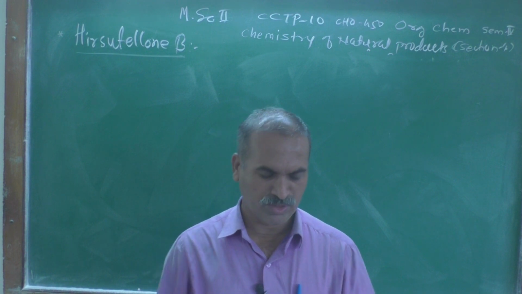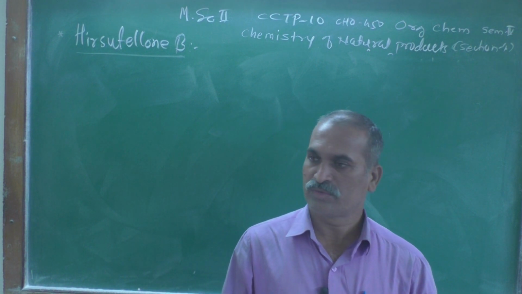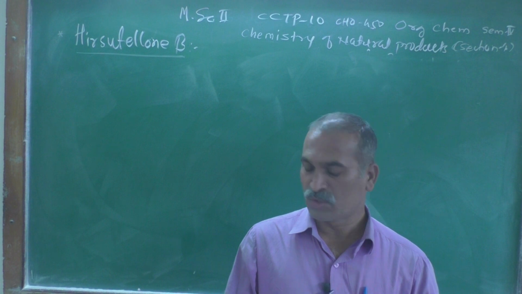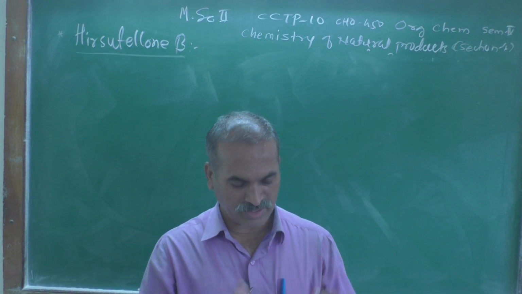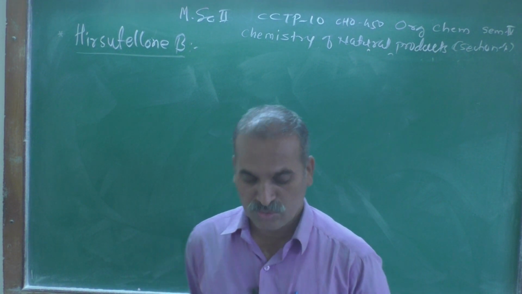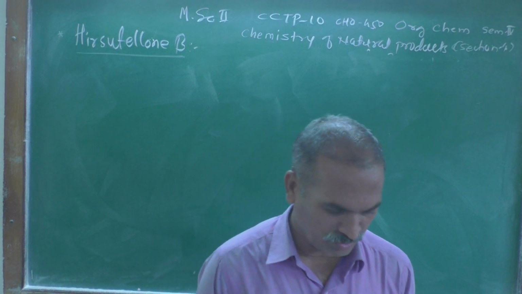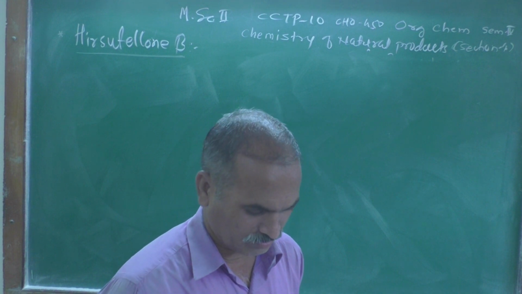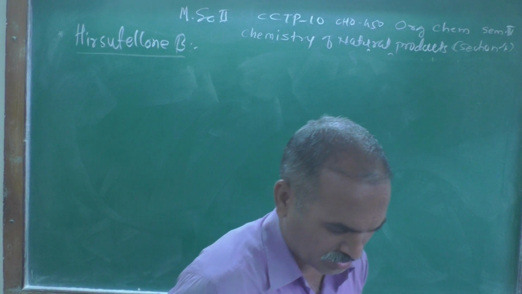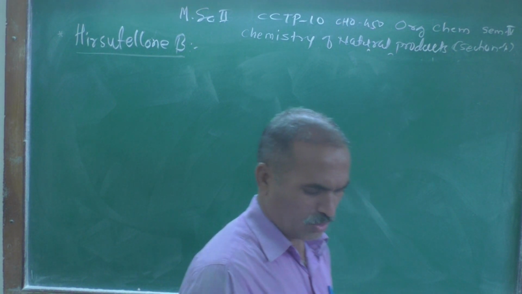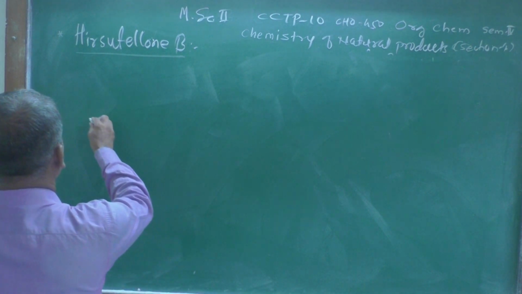The molecule whose synthesis is being planned is called the target molecule. So in this particular case, the target molecule is hirsutolone B, that is 1B.